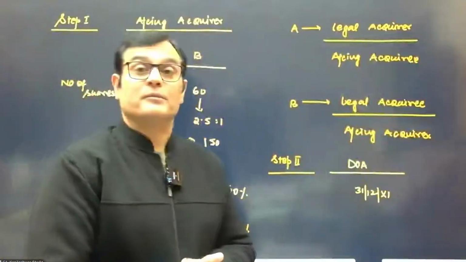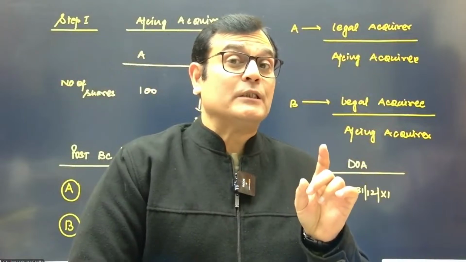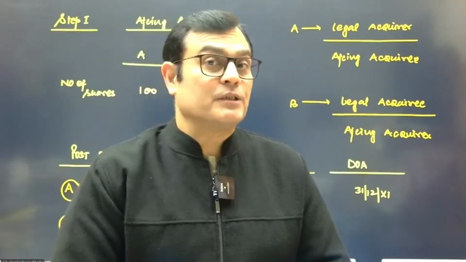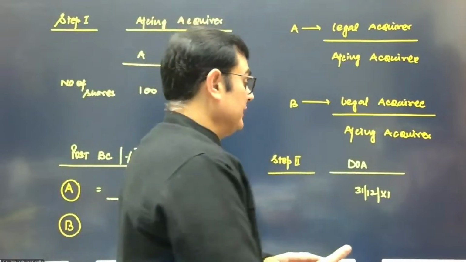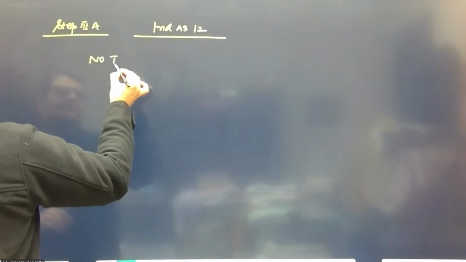Now let's go to step number three. In terms of step number 3A, we need to see Ind-AS 12, but the tax rate is not given. So there is nothing to be seen in terms of step number 3A. Still, we'll just make a mention that when you're looking at step number 3A, we're looking at the application of Ind-AS 12, and there is no tax rate.